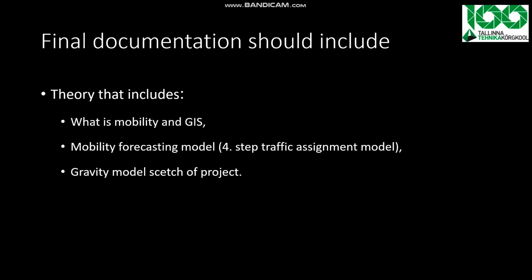This is the 4-step traffic assignment model, and I just want to see a description of every step. The last one is the gravity model sketch of the project. There you have to add 3 school positions. You could do it on cookies. Also add for every school the distance between schools, and also how many maximum students it could take.